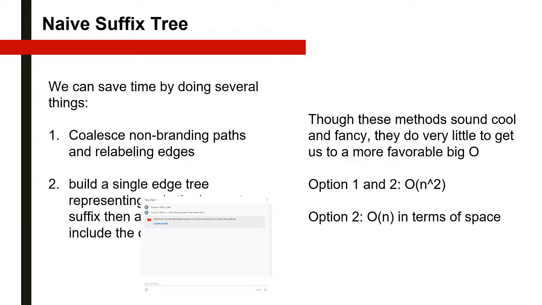If you know that the sequence after that is a certain sequence, then you can coalesce the non-branching paths and relabel the edges. That is to say, we take the individual letters and move them up into their own node. That way it saves time, and it knows when to stop if it has to.